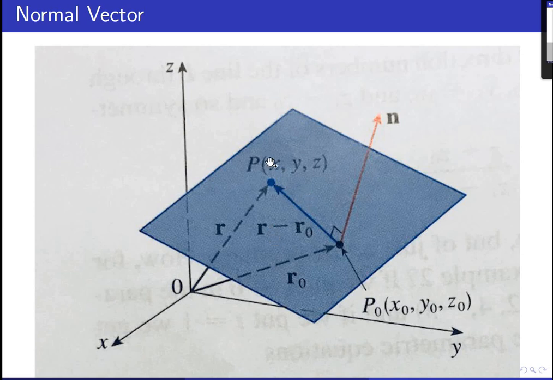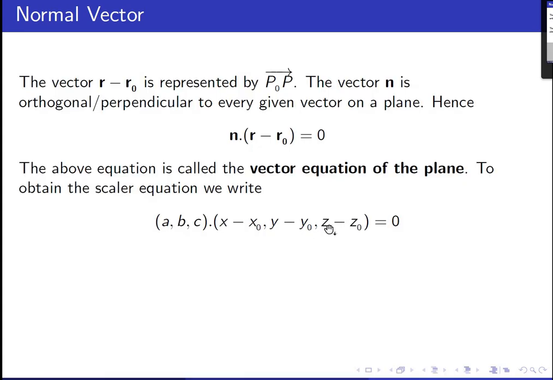So what we're doing, r minus r naught, is simply x minus x naught, y minus y naught, z minus z naught, which is what we have here.